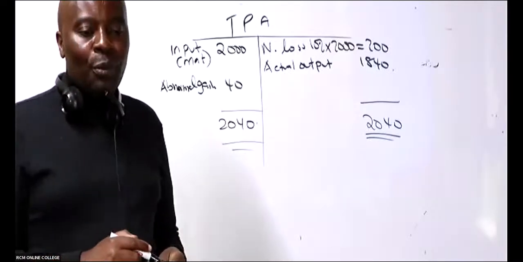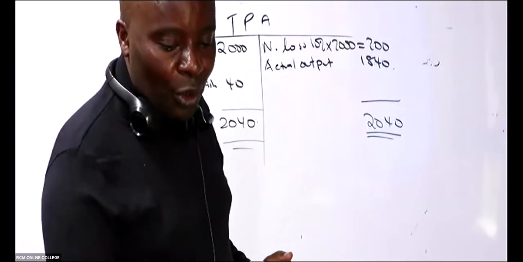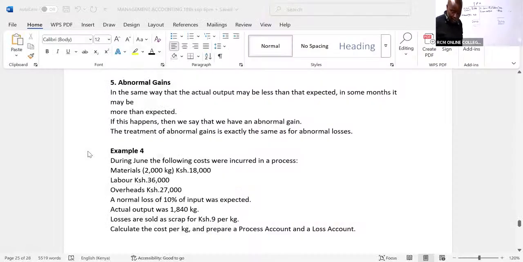Then after that, we should be able to go ahead and do a process account. Very easy, easy peasy. So the throughput account is over.